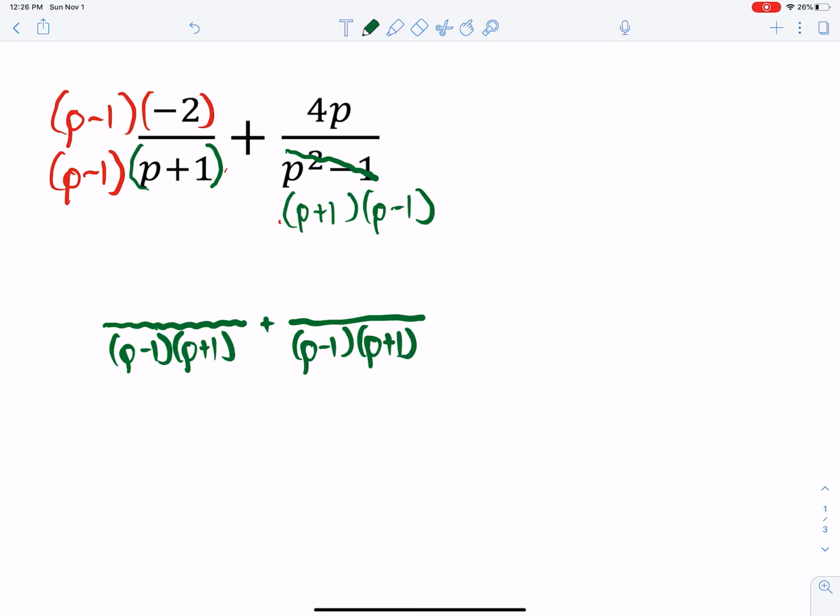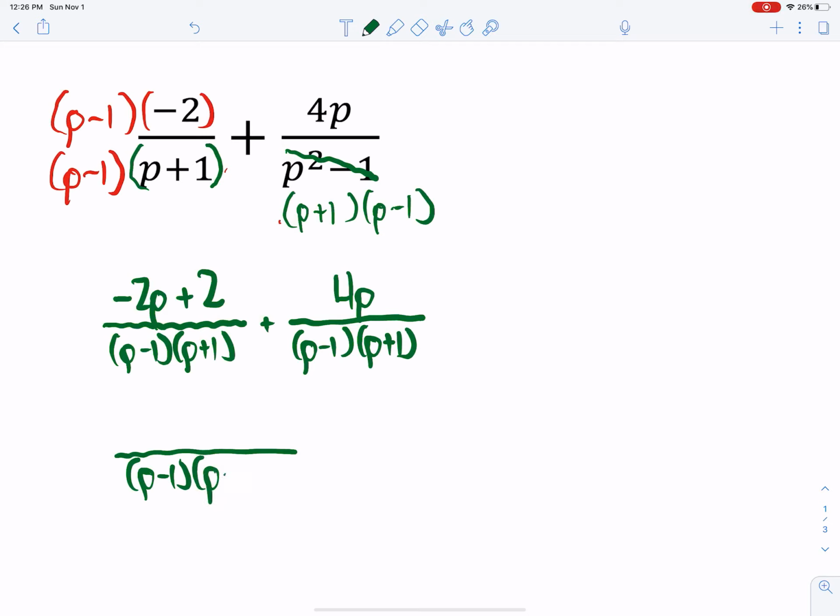On the left side, when I distribute p minus 1 times negative 2, p times negative 2 is negative 2p. Negative 1 times negative 2 is a plus 2, like that. And then we have 4p from the top of the next one. So now, when I'm adding fractions that have common denominators, I just add the top parts, just the way they are.